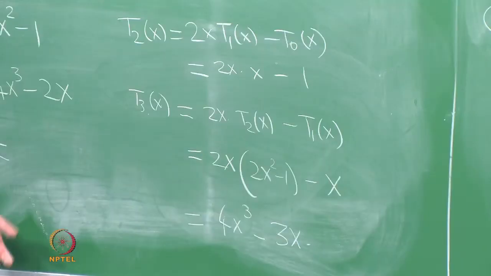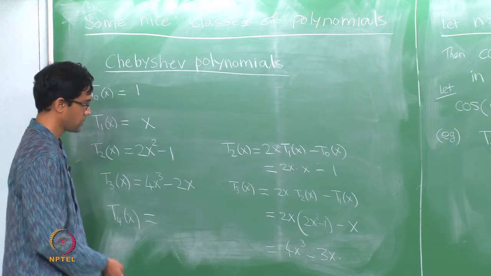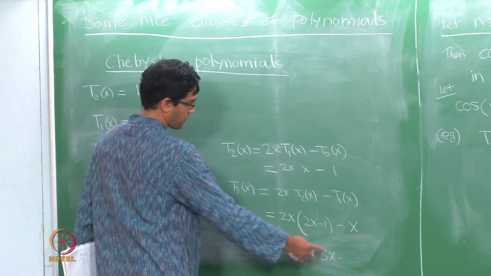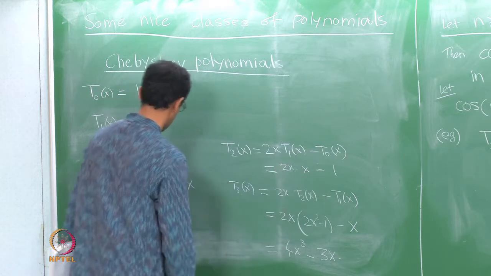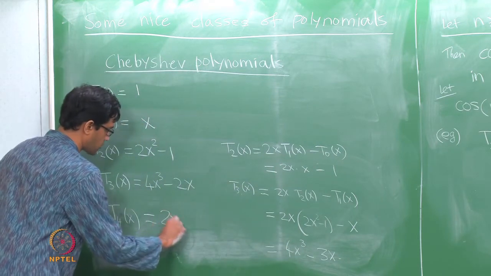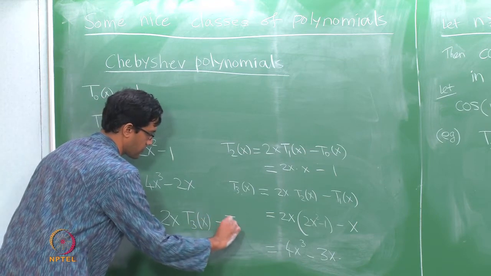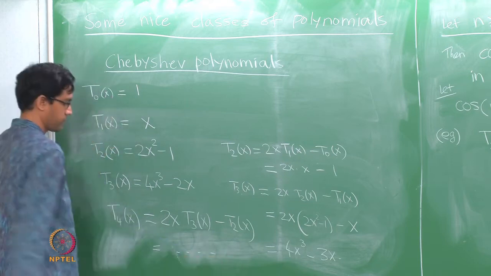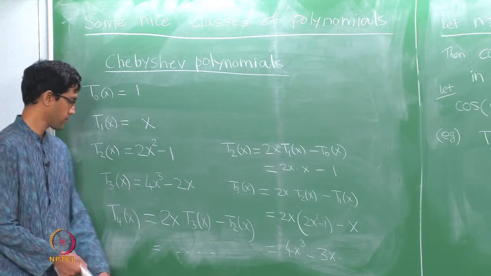Right. So observe that the well known values of T2 and T3 can actually be obtained in terms of the preceding values by using the recurrence relation. So similarly if you did T4, you take 4x cubed minus 3x, you multiply it by 2x and you subtract out the previous term. So T4 should actually be 2x times T3 minus T2. Okay, and of course one can just work that out in full, see if it matches up with what we already had.